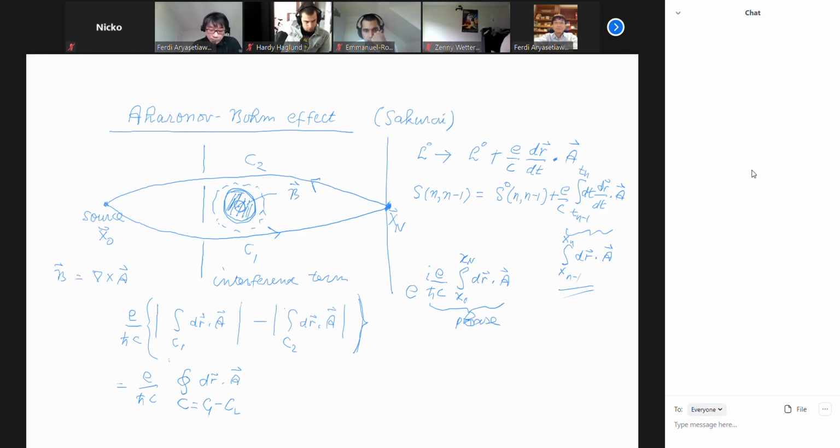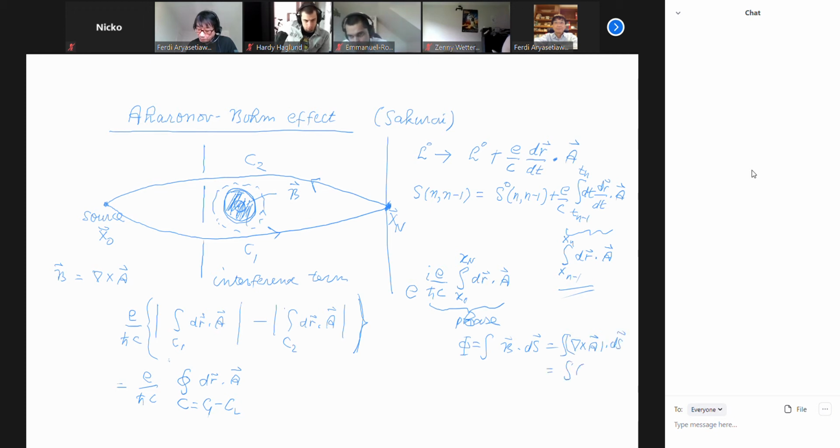And we know from Stokes' theorem, if I have B dot dS, where S is the area, that will give me the flux of this magnetic field. That would be equal to the integral of curl of A dot dS, and I can use the Stokes formula here.